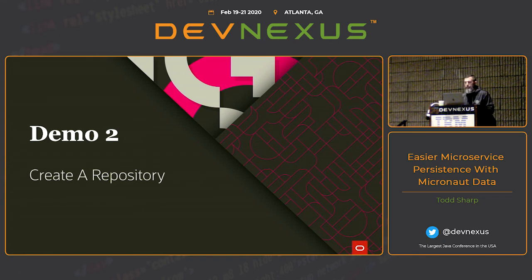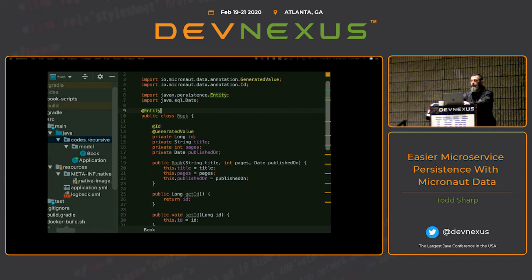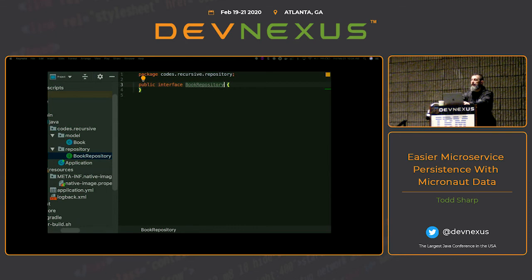So let's create a repository. It's really easy again. We'll hop back over to our code, and we'll create our repository and make it an interface. We simply extend CRUD repository with Book and Long.